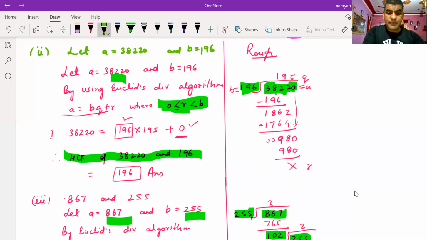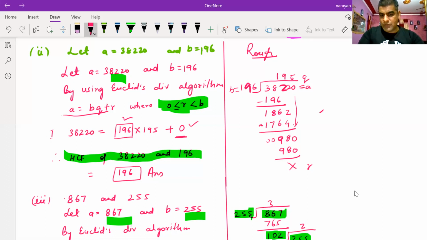So in the first step, if we try to divide this one, I'll just explain it to you. Children, once we divide 38,220 by 196, we get 195.